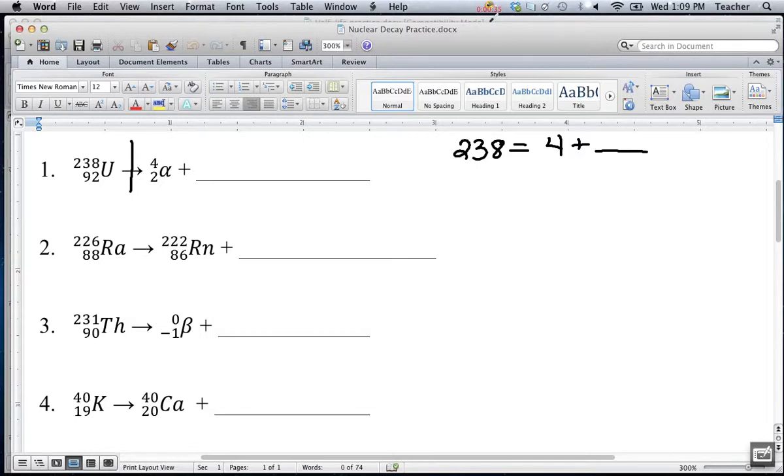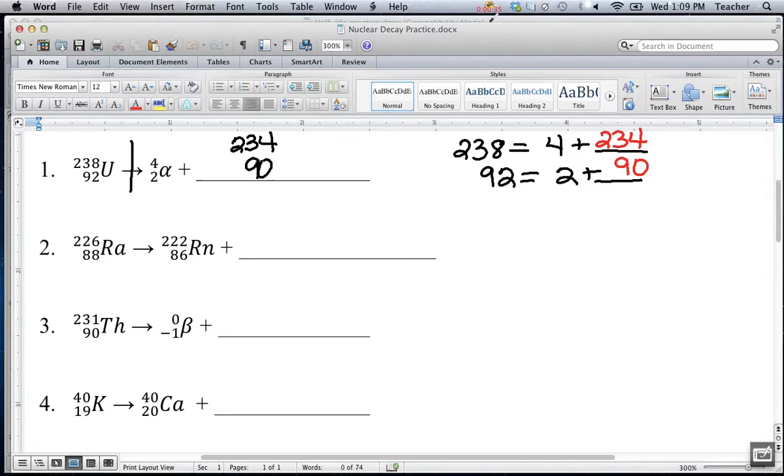And when we solve for that something, it would be 234. This number then becomes the top number in what we were missing. Looking at the bottom, I would have 92 equals 2 plus something, and that something would be 90, which comes over here and becomes that bottom number.